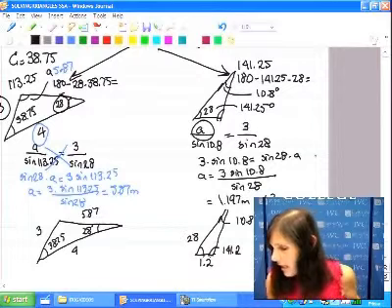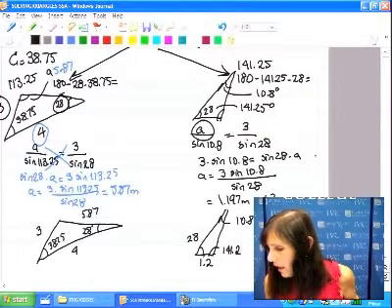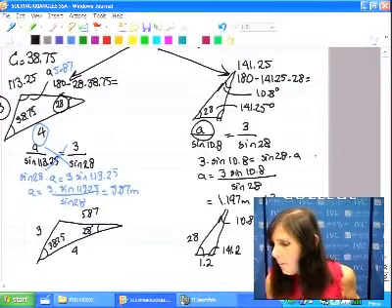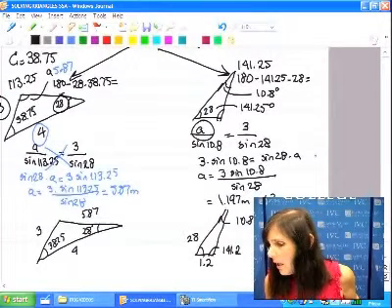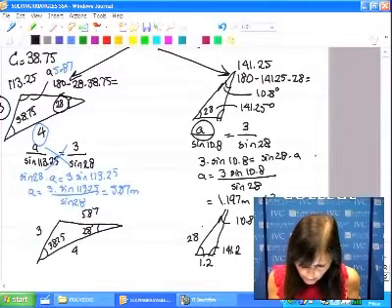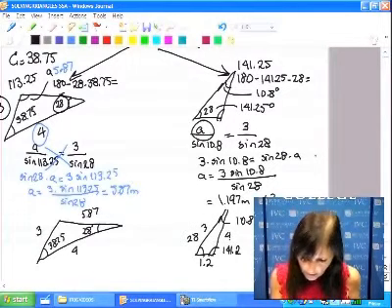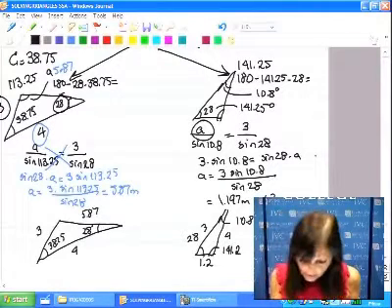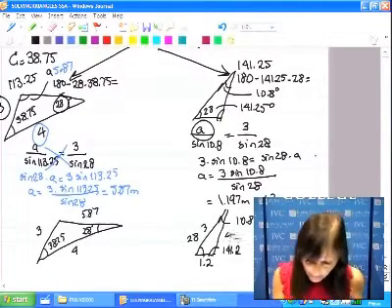And what other sides do I have? 1.2, and then you had 3 and 4. Okay, so is that the right sides? No. 3 is this way, 4 is that way.